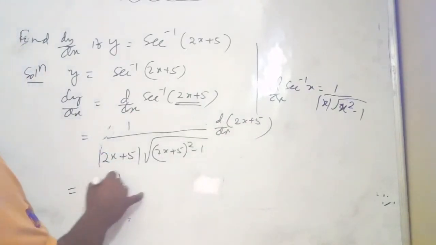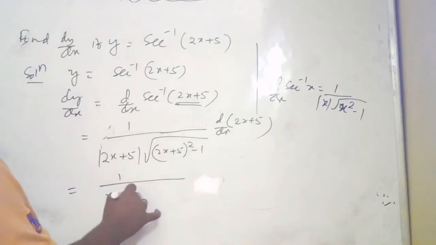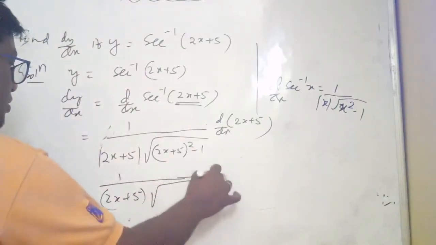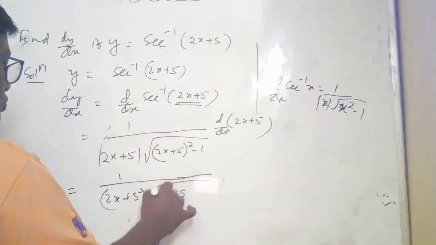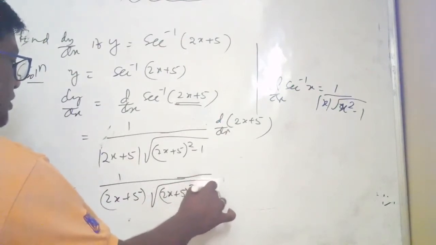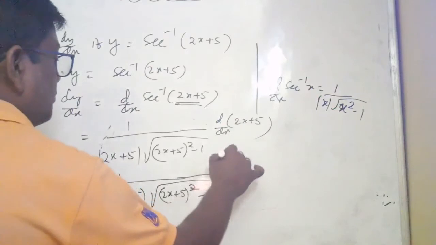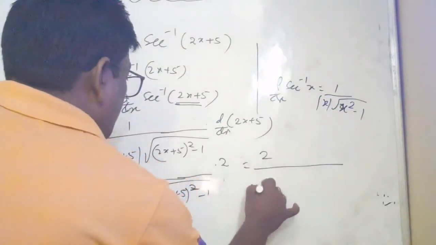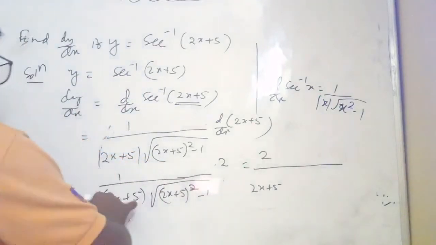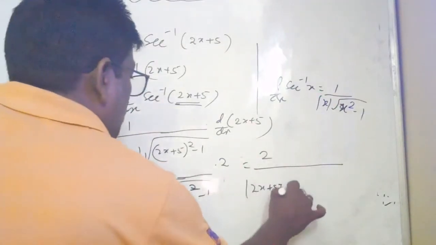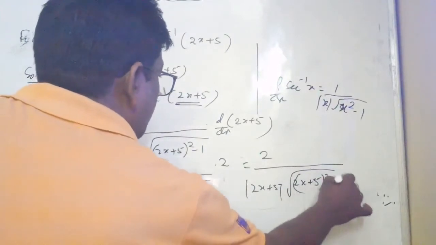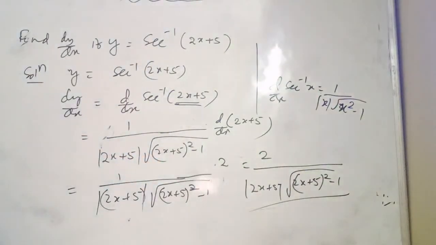Derivative of 2x plus 5 is 2. So 2 by mod 2x plus 5 into root over 2x plus 5 whole squared minus 1. This is your answer.